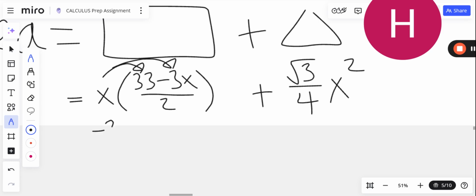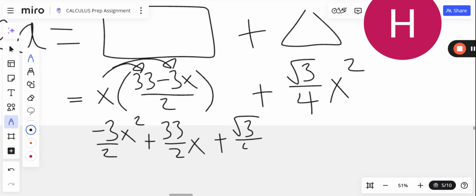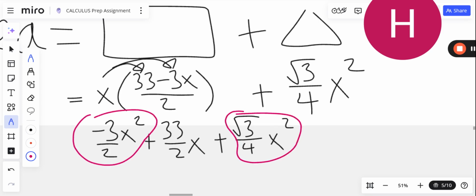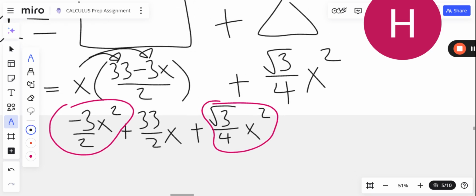I'm going to write the x squared term first. So we're going to have negative 3 over 2 x squared plus 33 over 2 x. And then we're adding this other x squared term, which is going to combine as a like term. However, we need the same denominator.